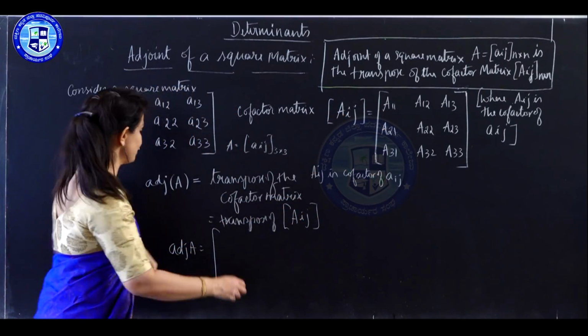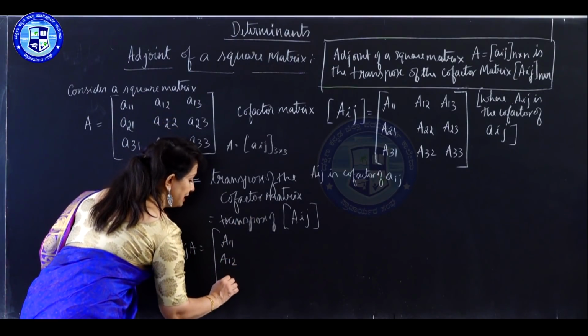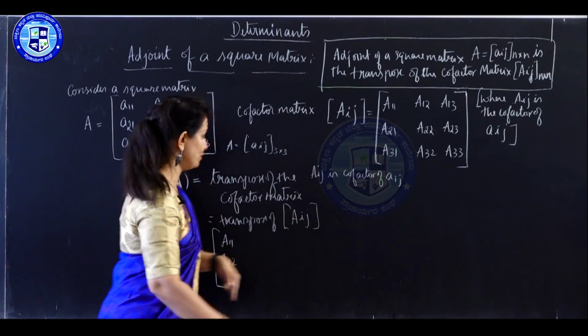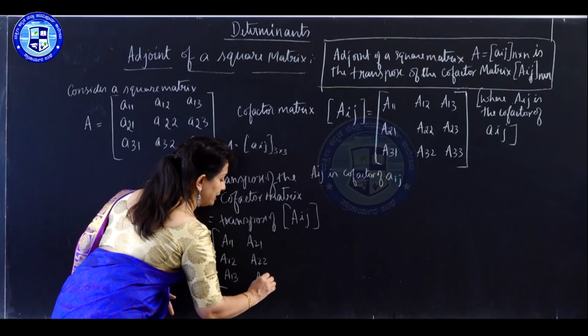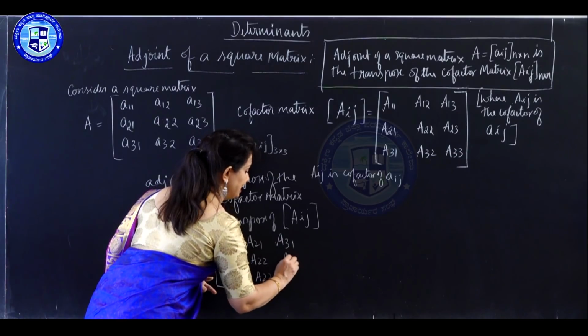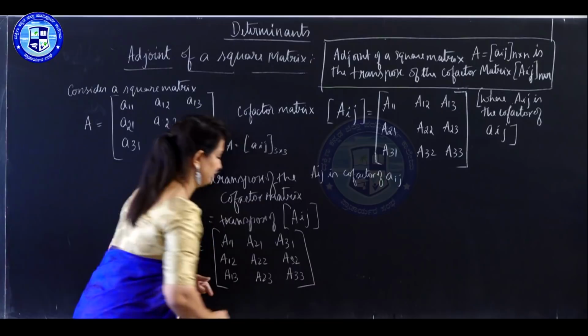First row changes to first column, that is A11, A12, A13. Now, the second row changes to second column, A21, A22, A23. Now, the third row, A31, A32, A33, becomes the third column. Okay.